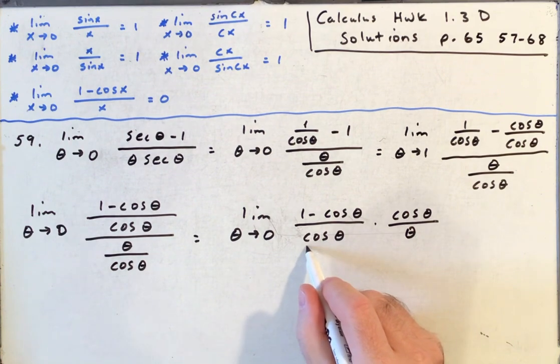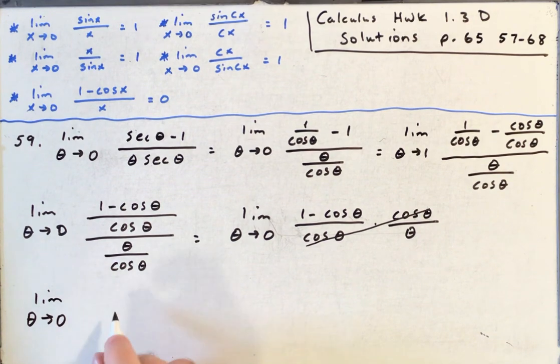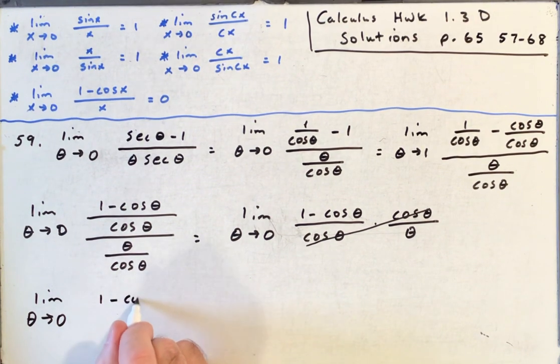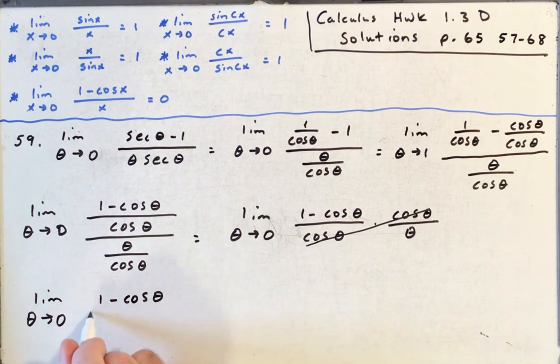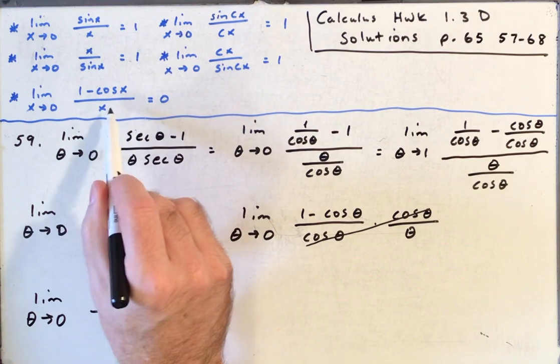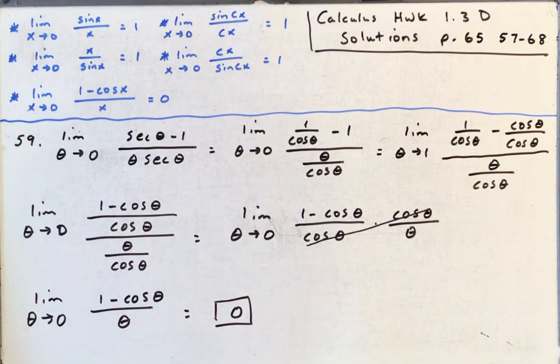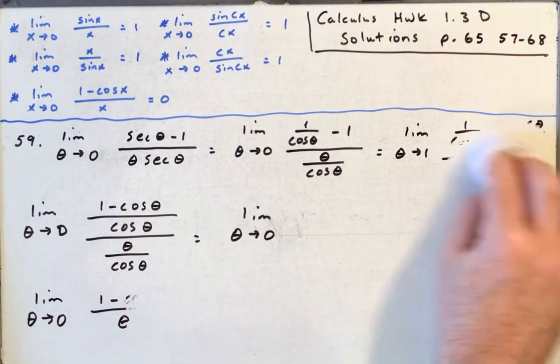Now the cosines cancel, and we'd have the limit as theta approaches 0 of 1 minus cosine theta over theta. Well, that's just this identity right here. We've just replaced the x's with theta, so that is 0. Lovely. That's a good algebra problem there. Love having to rewrite the number 1 as something more clever.